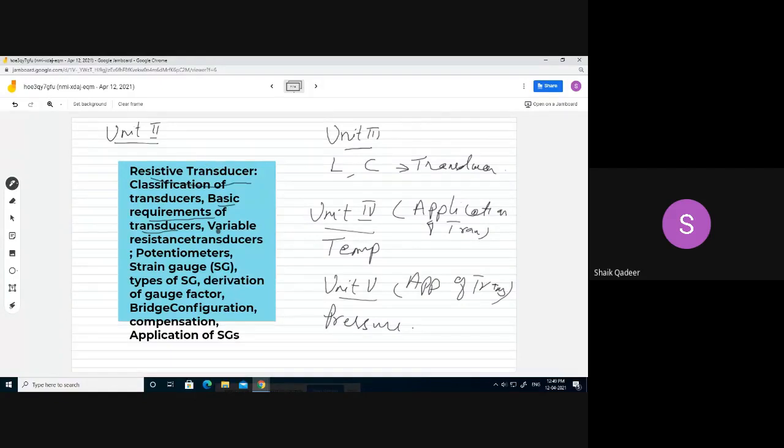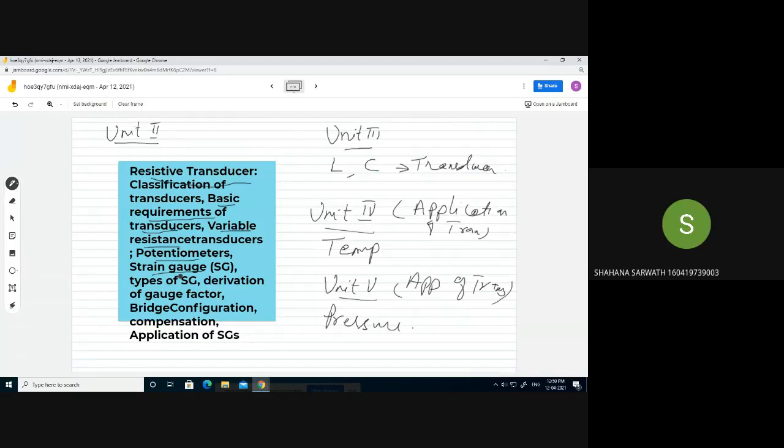The first one is the variable resistive transducer, which is nothing but the potentiometer. The second one is the strain gauge. The remaining part of this unit covers strain gauge calibration, strain gauge measurement, and their signal processing operation. Hope it is clear to everybody.